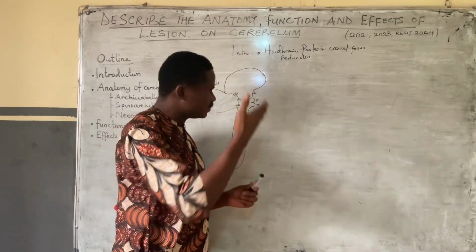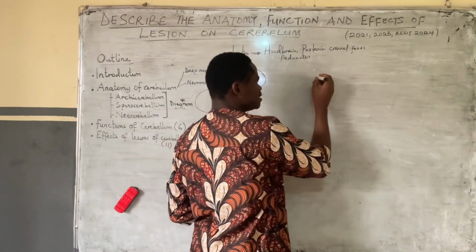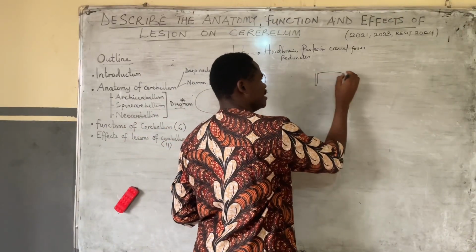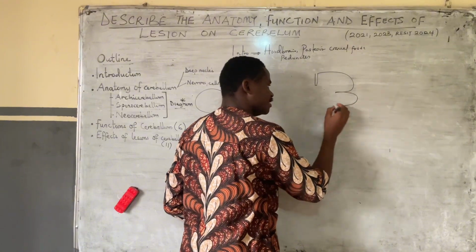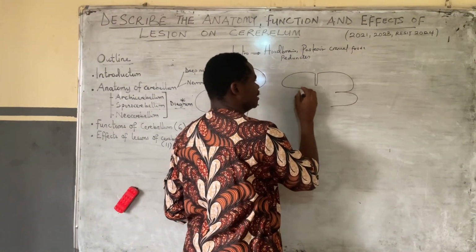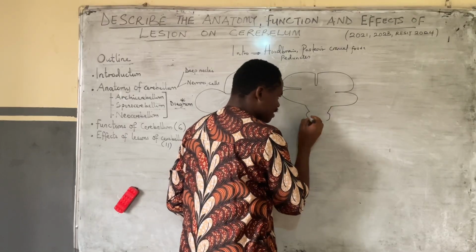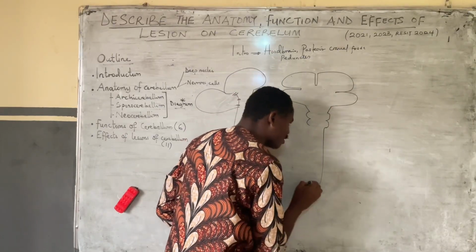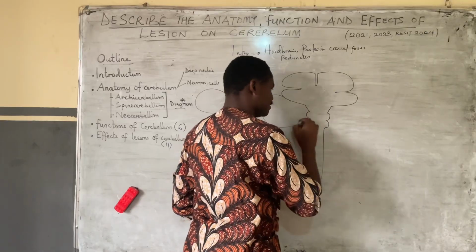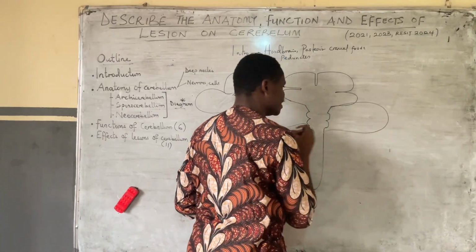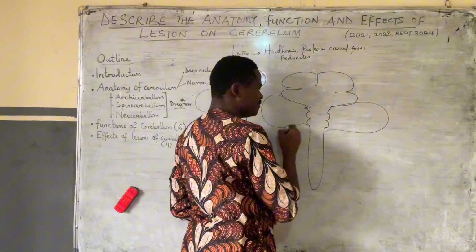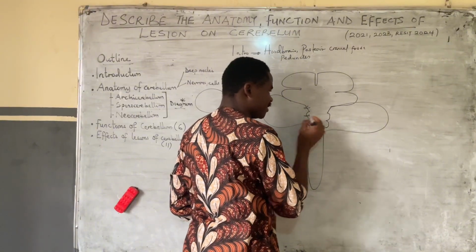Now let me look at it. We take a cross section like this. You see something like this. We have the parietal lobe, the temporal lobe, parietal lobe, and then temporal lobe. Midbrain, pons, medulla, and then spinal cord. And then by the side again, we have the cerebellum joined together. The peduncles here: superior peduncle, middle peduncle, inferior peduncle.